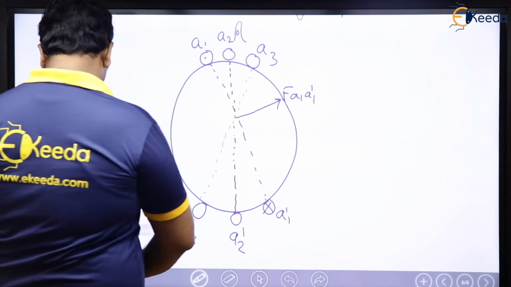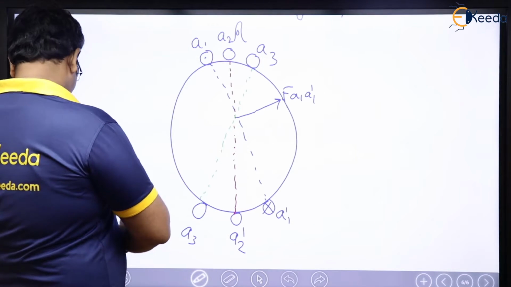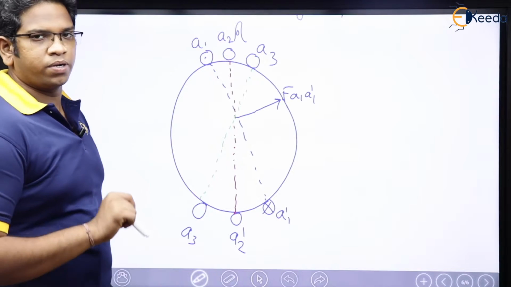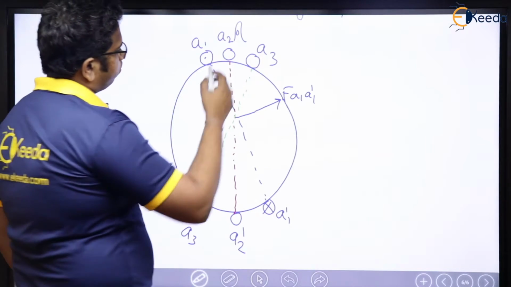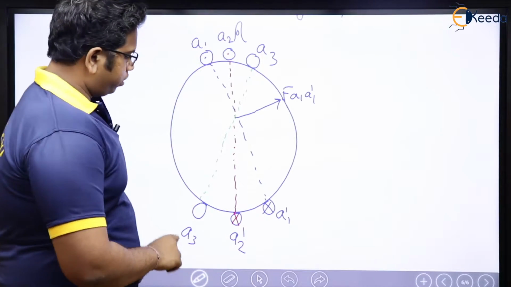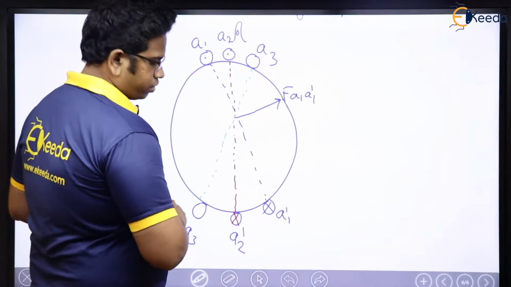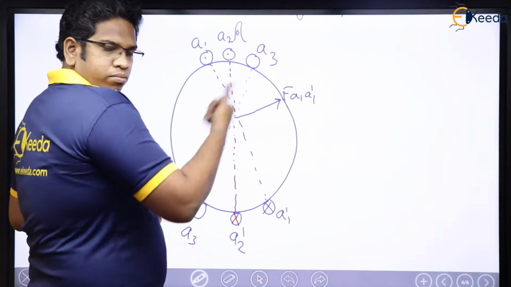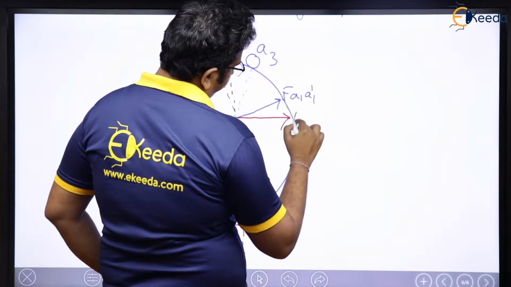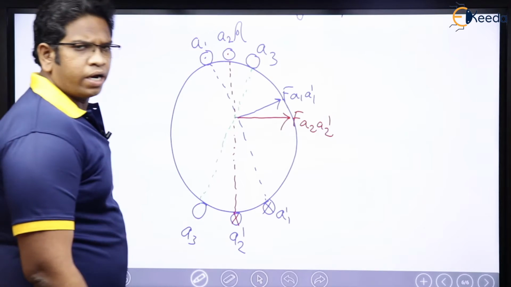Now let us consider MMF produced because of A2 and A2 dash. If you think of A2 is going to be this, A2 dash is going to be this way. So this is cross and that is dot, right? So A2, A2 dash is going to be this way. Cross dot that way. So MMF produced is going to be F A2 A2 dash, right, sir?